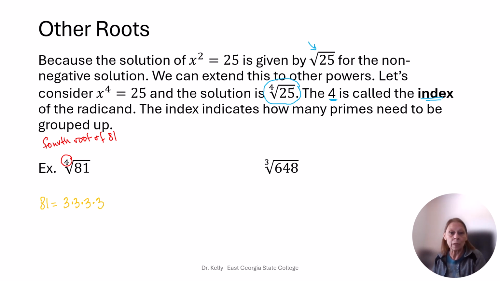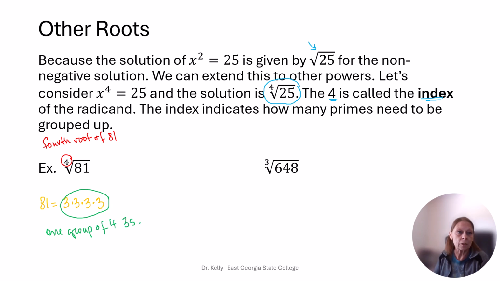And we need to pull it out in groups of 4, so we have one group of 4 3s, and so this is going to be equal to 3.